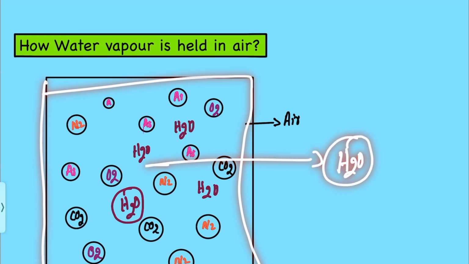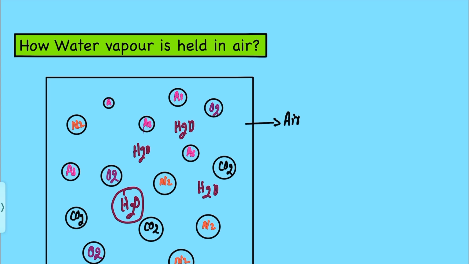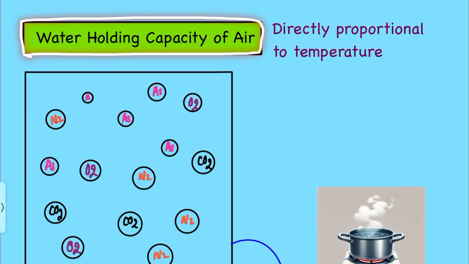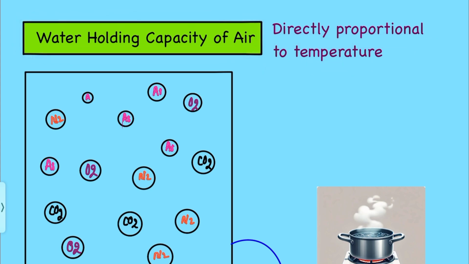Now, what must we do in order to increase the capacity of this air to hold more moisture? So let us understand that. The water holding capacity of air is directly proportional to temperature. And this is very important. Pay close attention and understand this once and for all, right?